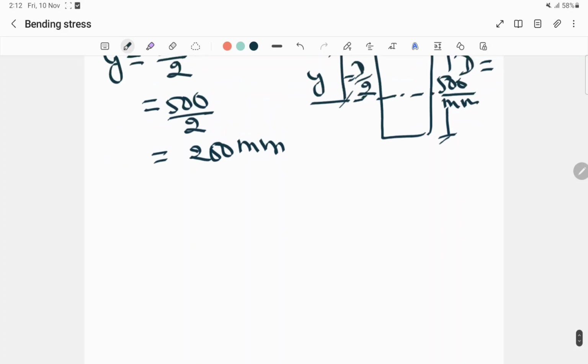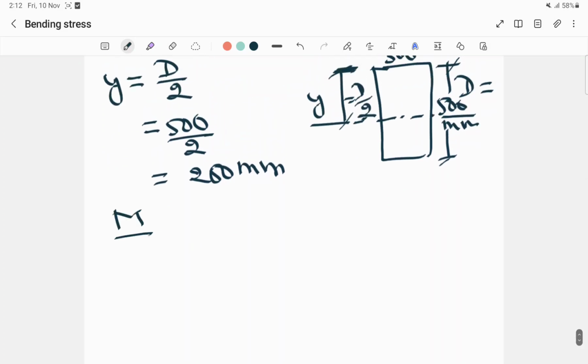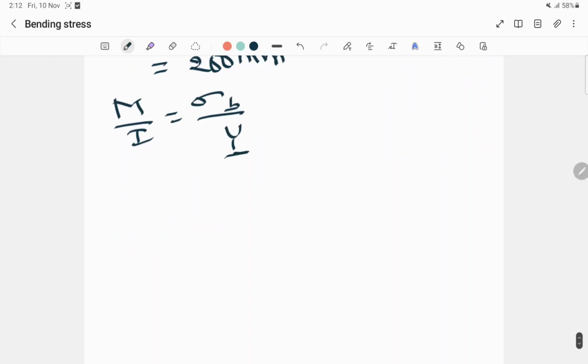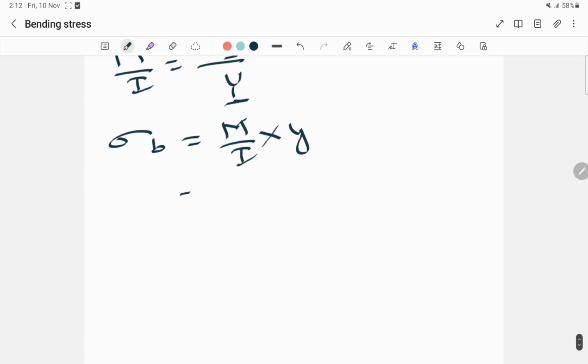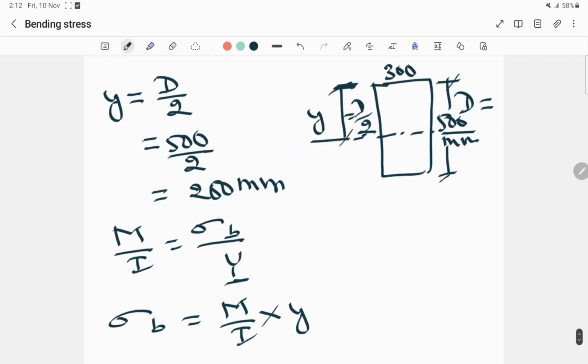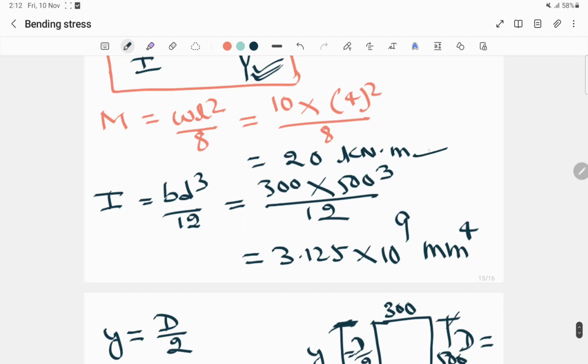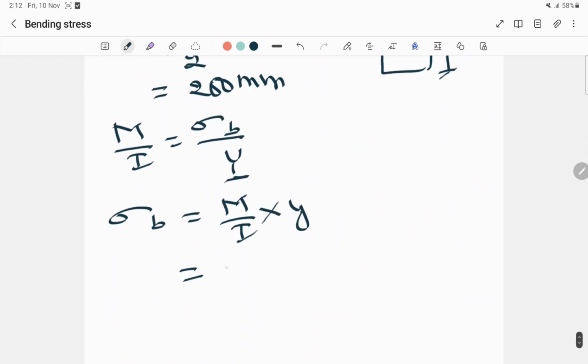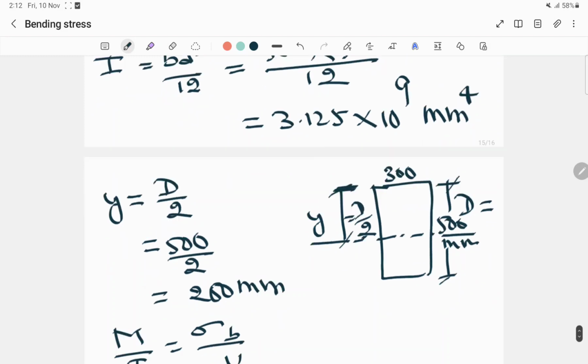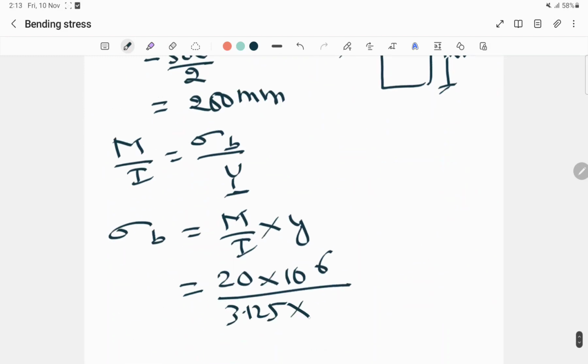So now we know the bending equation, that is M by I is equal to sigma b upon y. We shift this y value to the other side, then our equation becomes sigma b equals M by I into y. Now we just put all the values here. M was 20 kilonewton meter, so 20 into 10 to the power 6, converted to Newton mm, divided by I value 3.125 into 10 to the power 9, into y is 250.